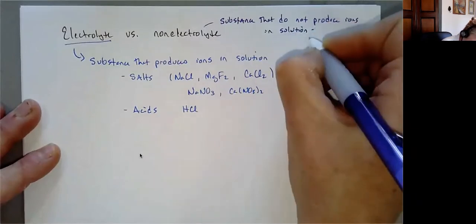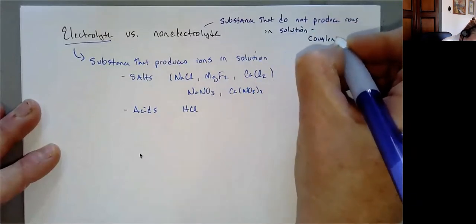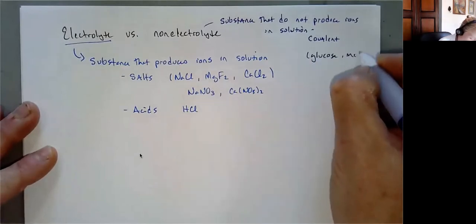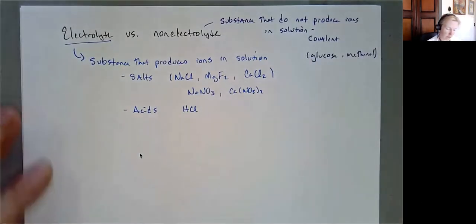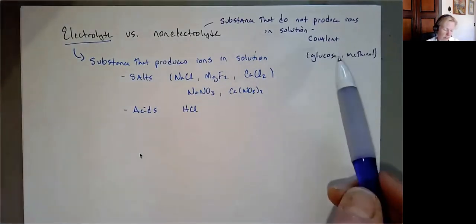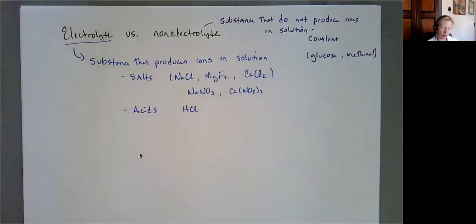So things like glucose, sugar, methanol, those are 2 solids that we talked about in part 3. These would be non-electrolytes because they're not going to break apart. So 1 particle of glucose is 1 particle in solution.